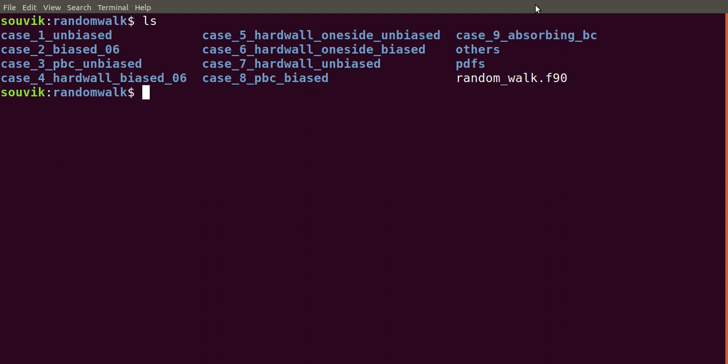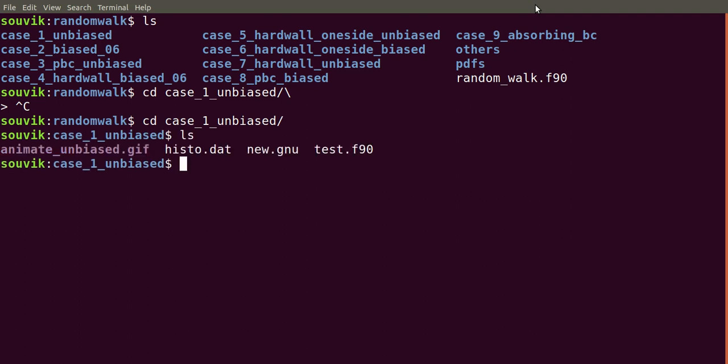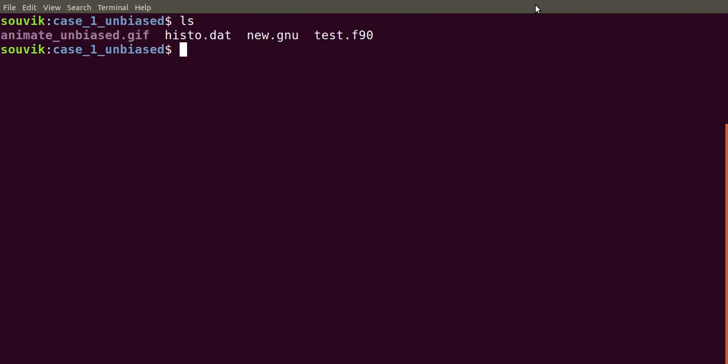So let's start with the unbiased case, which is case 1. In the unbiased case, P, the probability of going to the right, and Q, the probability of going to the left, are equal.